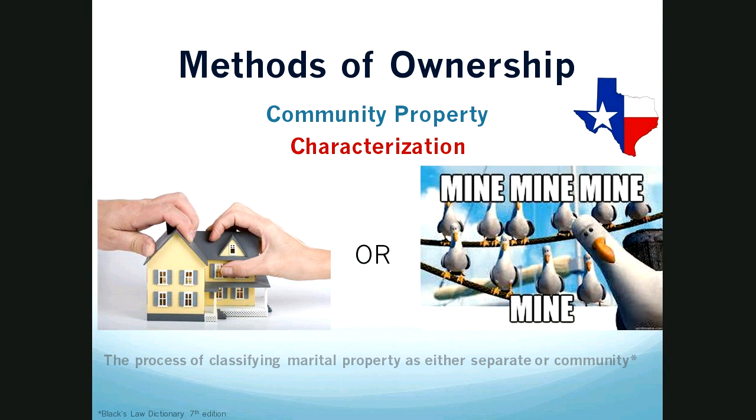That just means the process of classifying marital property as either separate or community. And that's important, mainly for divorce, but also in death, because depending on its characterization is going to depend on who has a claim or right to that property.